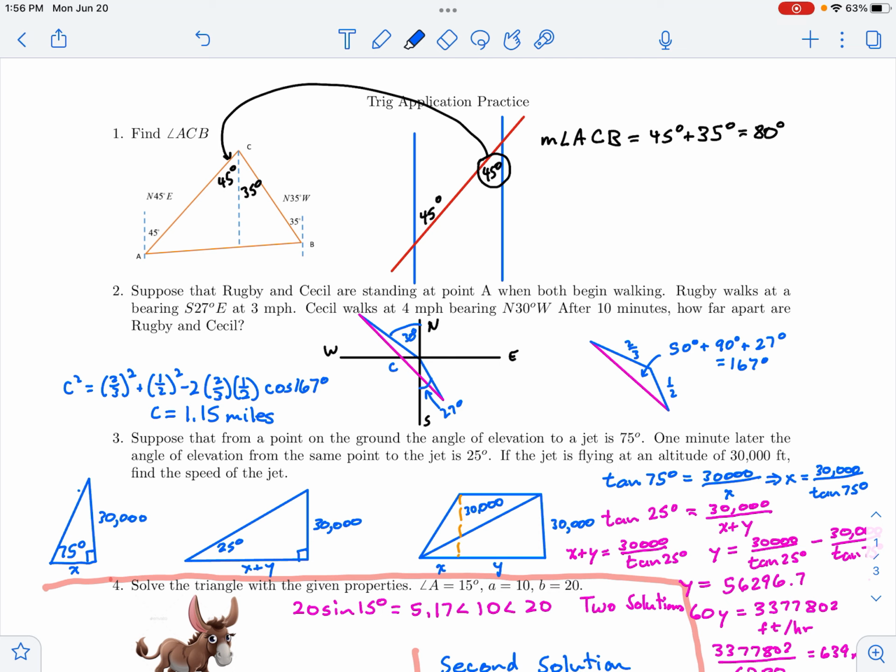So that means in 10 minutes he will have walked half a mile. So that's how I got the half. And then the other one is walking at 4 miles an hour. That means every 15 minutes he'll walk a mile. So in 10 minutes he walks 2/3 of a mile. So I got those sides of the triangle.